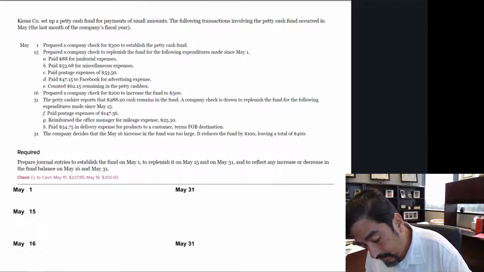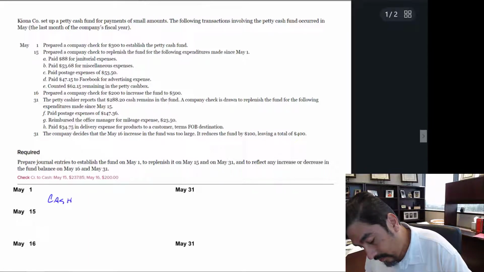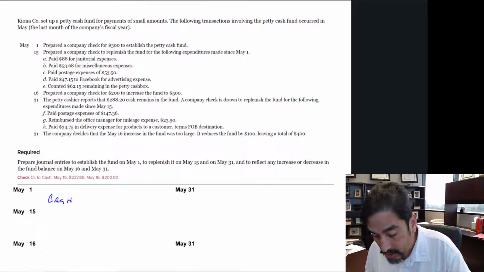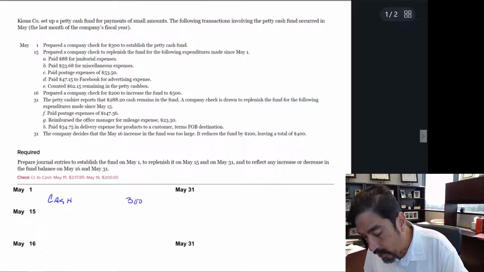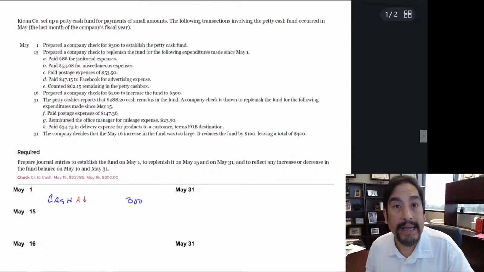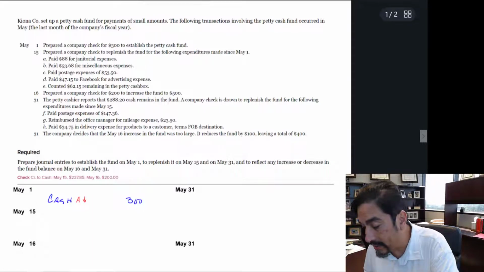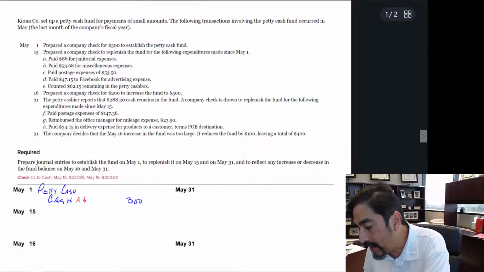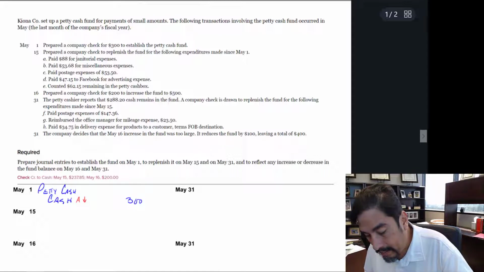We are using cash, so we're pulling money out of the company's cash account. And how much? $300. So we're going to credit cash. Cash is an asset account. We're decreasing it. We do that with a credit. And we are increasing the petty cash account.